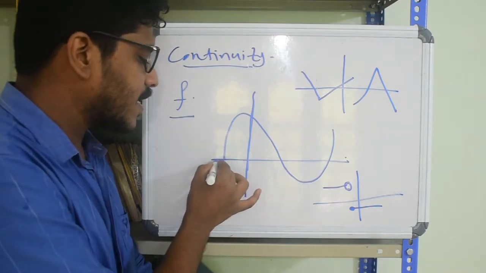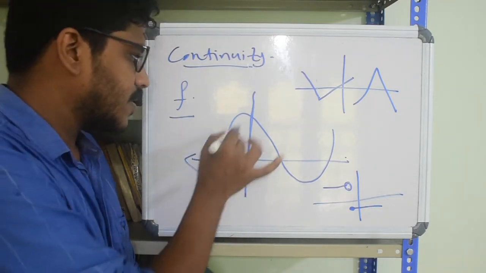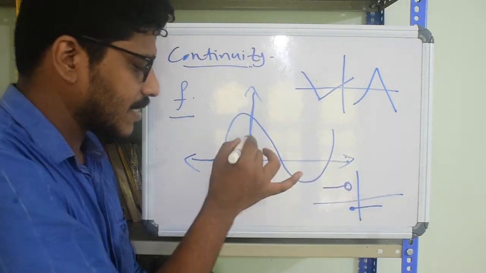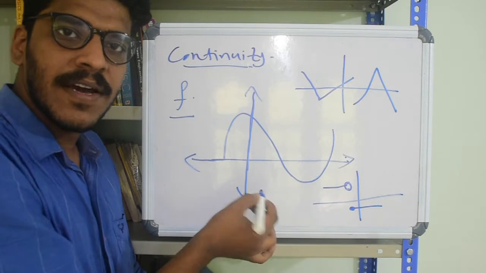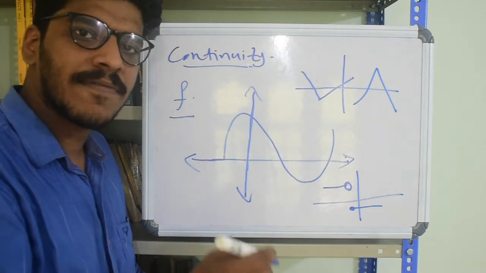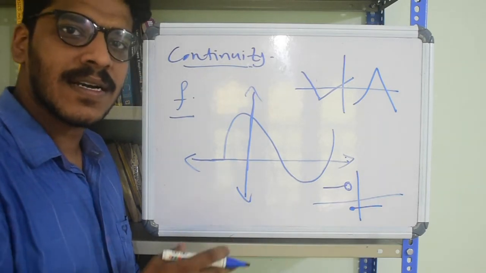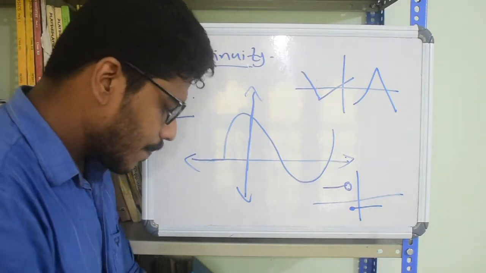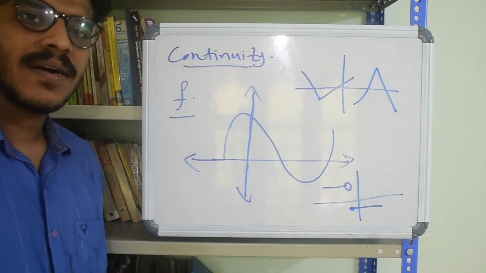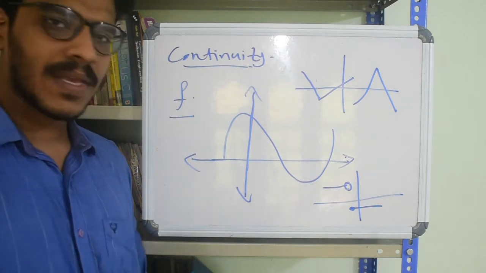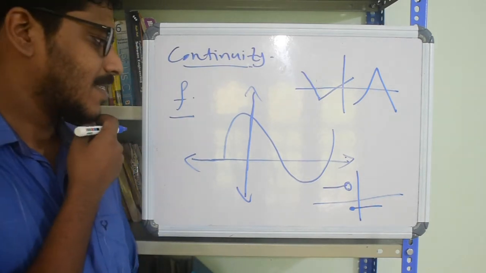So the vague definition of continuity is as we have discussed now. If you can draw the graph of the function f without lifting our pen or pencil from the paper, such functions are said to be continuous. But there are still ambiguities. Mathematically, we cannot define continuity like this.